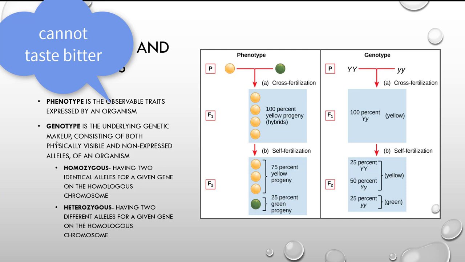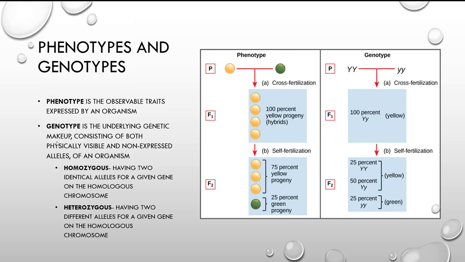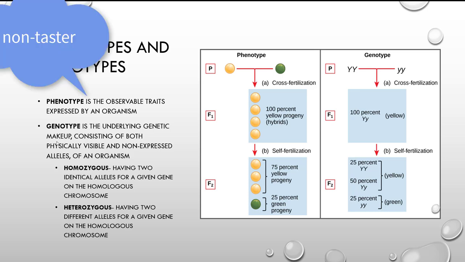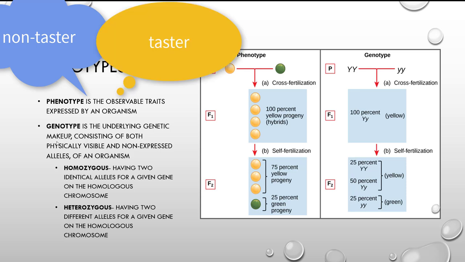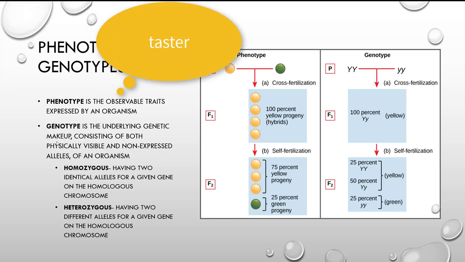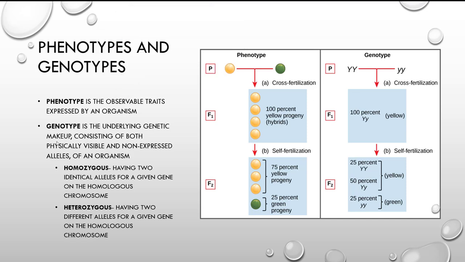So she couldn't taste the bitter taste, but then the rest of the class could. So she was a non-taster. So her phenotype is non-taster, but the rest of the class are tasters of PTC. So that would be their phenotypes.